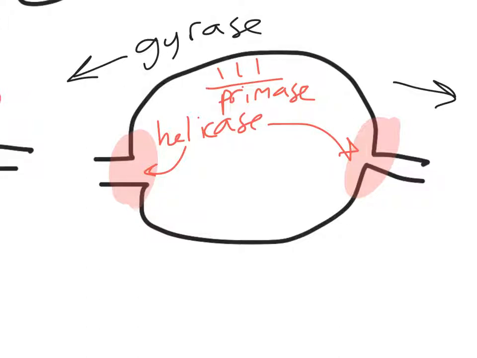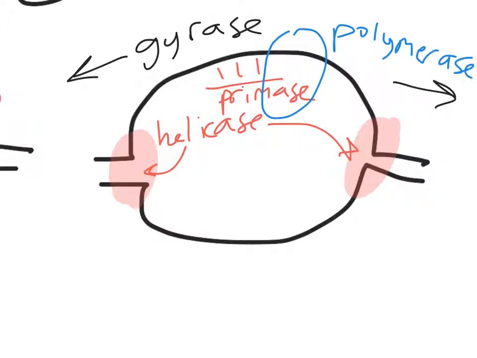Polymerase. So we're going to grab on to one end, the 3' end of the primer, and that's the enzyme that actually adds nucleotides onto the end of the primer. That's the synthesis of DNA. That's the creation of the new strand of DNA. What was the other one? Ligase. So that has to do with the lagging strands.